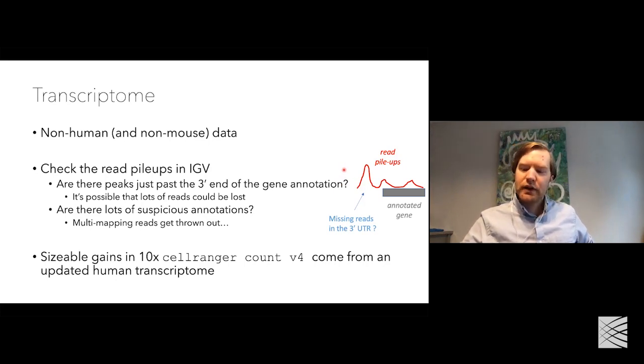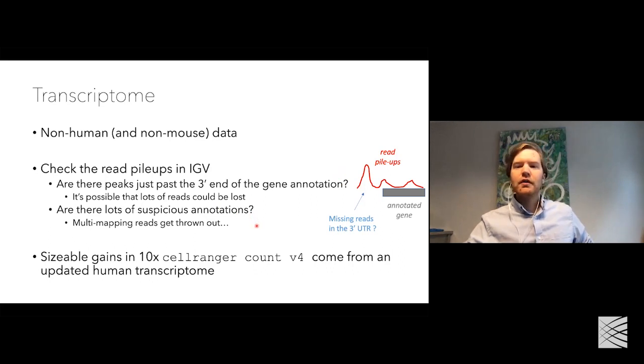This particular technology that I'm talking about is 3' capture. You're capturing the polyadenylated tail. So most of the reads you get are toward the 3' end. It's common to see this kind of thing where a big pile of reads will be missed because the gene annotation is just a little bit too short. So maybe you need to think about augmenting your transcriptome if that's happening to you. Also, are there lots of suspicious annotations?